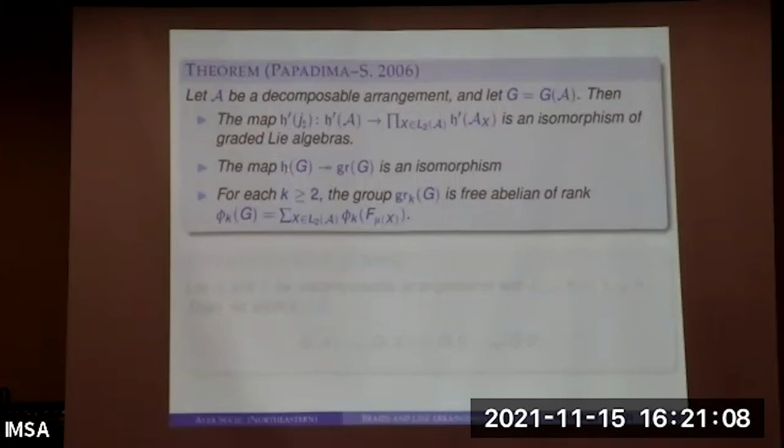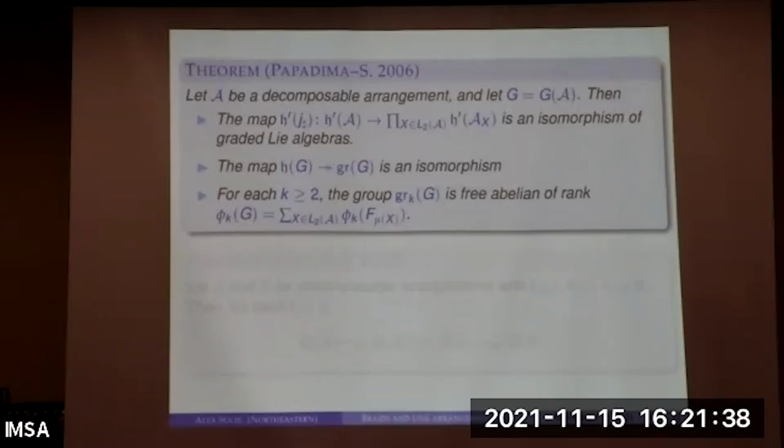The map between H of G and G is an isomorphism, and the groups have no torsion. So in this class of groups, there is no phenomenon like having torsion or anything complicated like that. Everything works very smoothly.